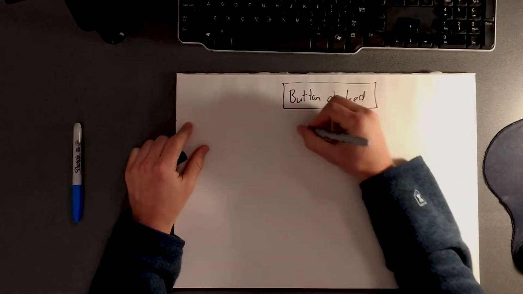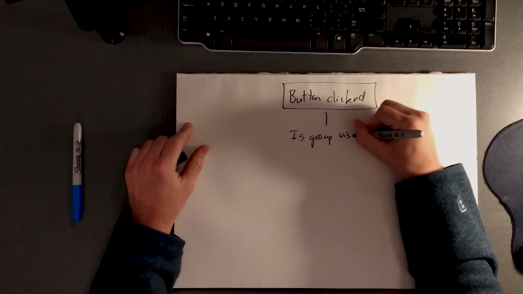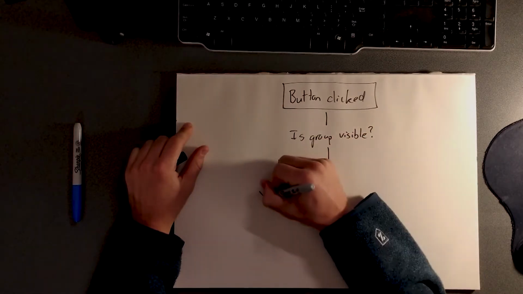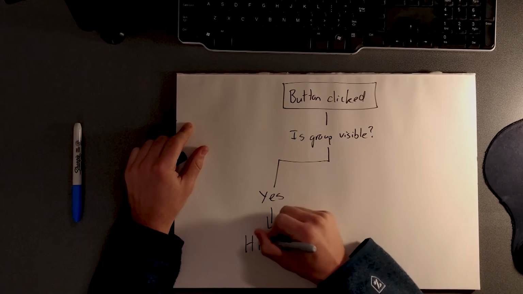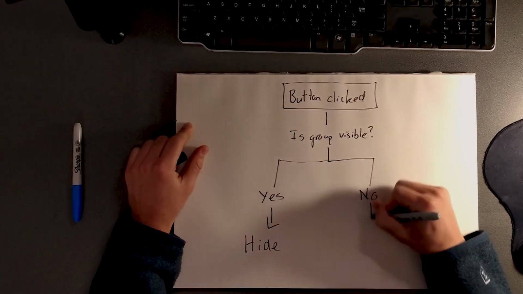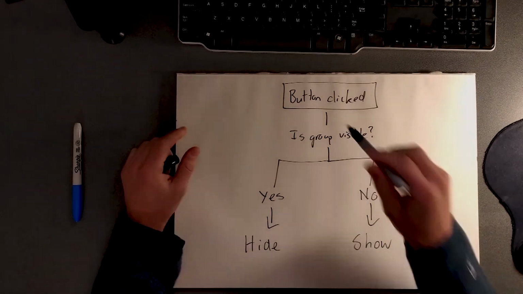Then we're asking, look, is the group visible? If the answer is yes, then we want to hide it. And if the answer is no, then we want to show it, okay? So we want this one button to do both of these behaviors. So how do we do that?